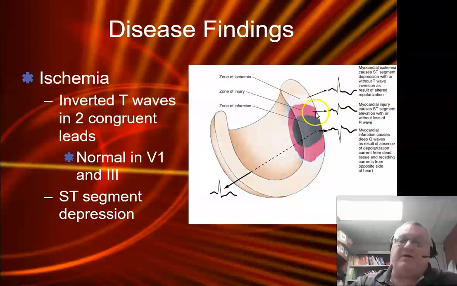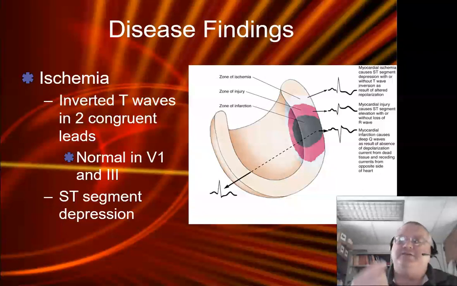This one has been without oxygen for way too long, which is your area of myocardial injury. The third one, which is the really bad one, of course, is where you actually have dead tissue. Okay, infarcted tissue. It causes a deep Q wave, and it results in the absence of depolarization. This part of the muscle does not move, and it is so very important to understand that.